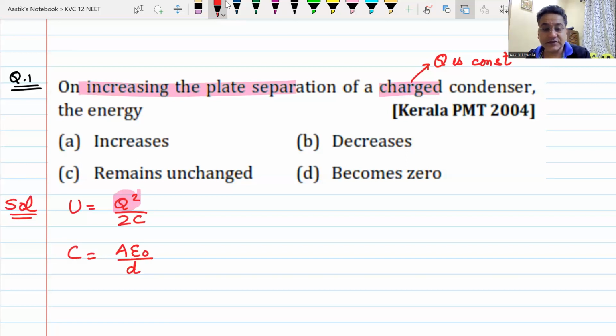On increasing the separation of plates, capacitance decreases. Plate separation is increased, so capacitance decreases. Capacitance decreases, so energy would increase. And that was the answer that I was looking for. Energy increases.